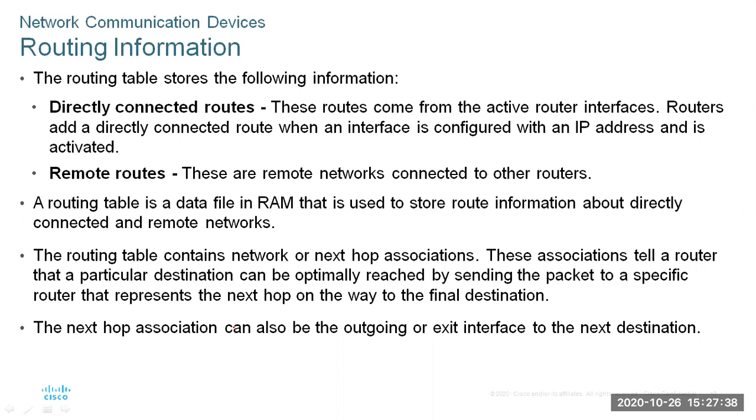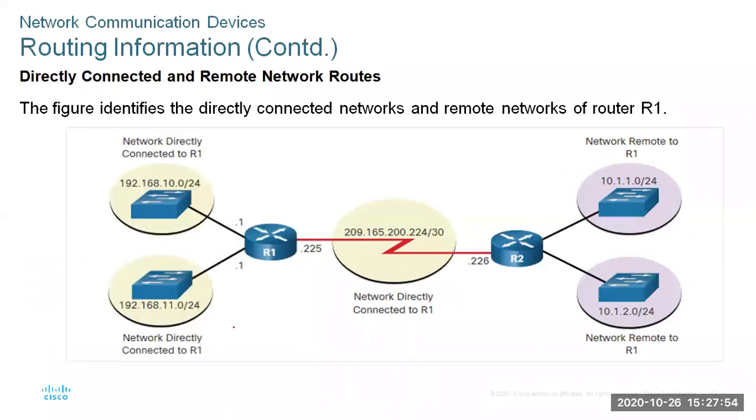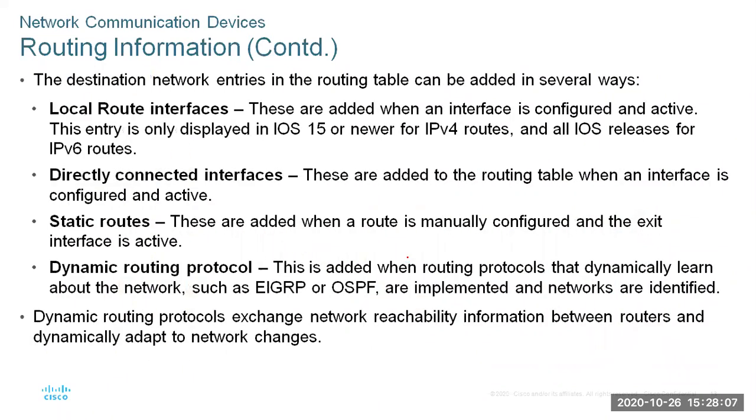These associations tell a router that a particular destination can be optimally reached by sending the packet to a specific router that represents the next hop on the way to the final destination. So you see this router here is directly connected to this router that is here. All right, so these are directly connected routes.